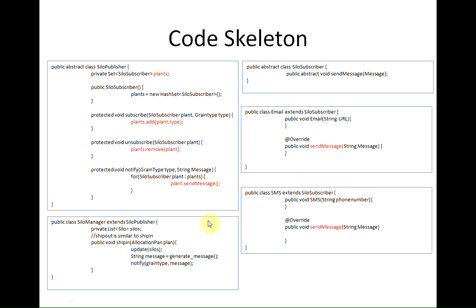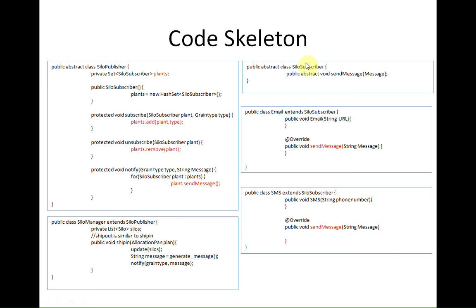And the concrete subject has two methods, shipIn and shipOut. We just use shipIn as an example. In shipIn, it needs to update the silo information, generate the message, and then call the notify operation.